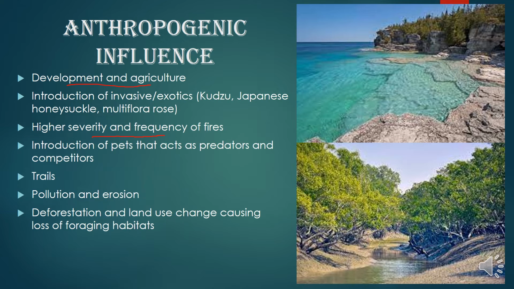Due to jhum cultivation or slash and burn cultivation, there has been a higher incidence of fire. Also, with the increase in road connectivity and urbanization, there has been an increased trend of introduction, either accidental or intentional, of various exotic plant as well as animal species.